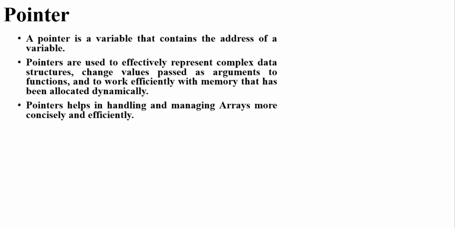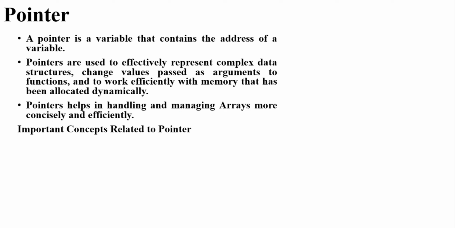So pointers help in handling and managing arrays more concisely and effectively. Whenever we talk about pointers, the most helpful thing provided by pointers is related to arrays and structures.